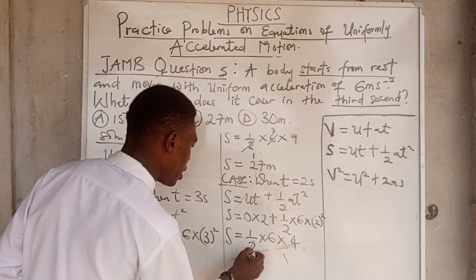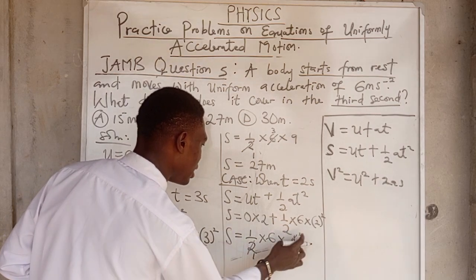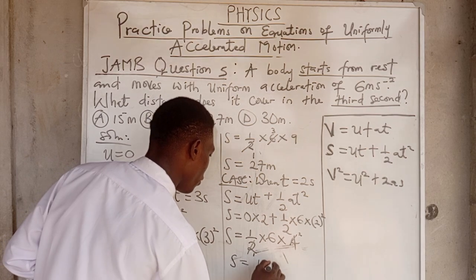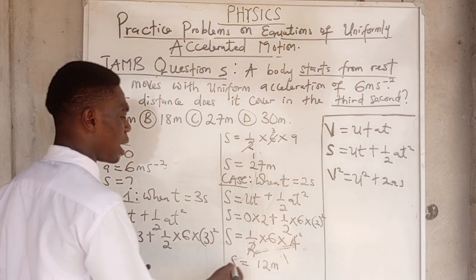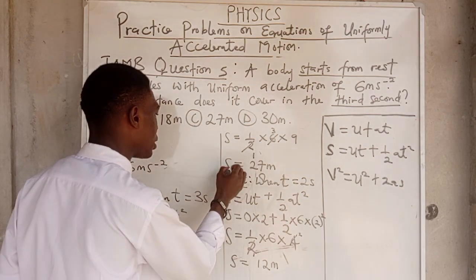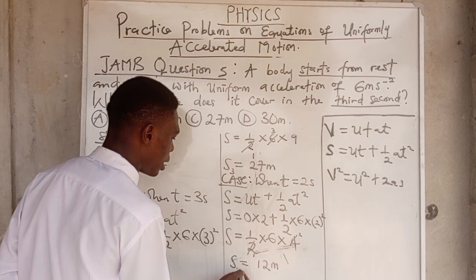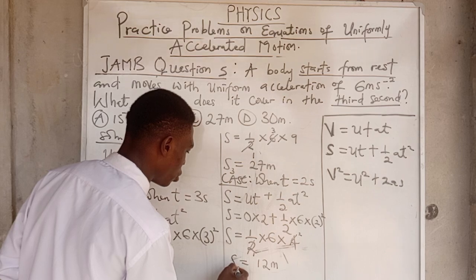All right, so 2 here is 1 and 2 here is 2. 6 times 2 is what? 6 times 2 is 12, and you have 12 what? Meter. So let me call this the distance when the time was 3 seconds, then the distance when the time was 2 seconds.